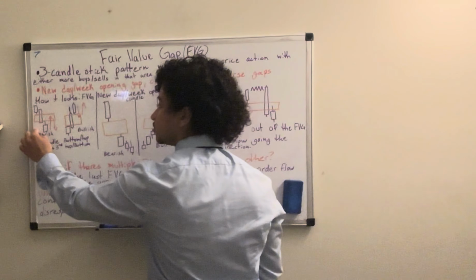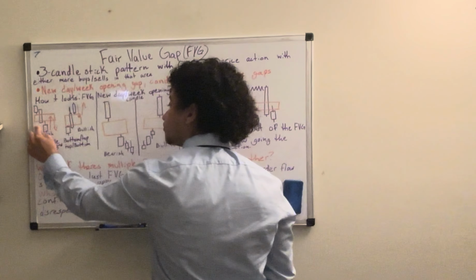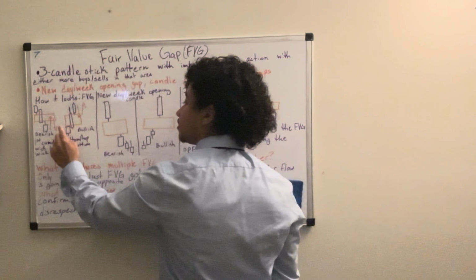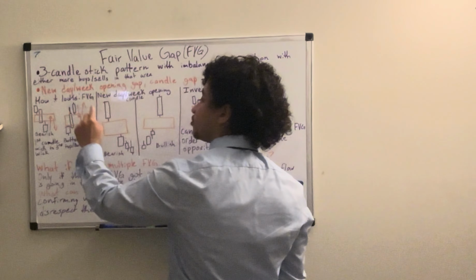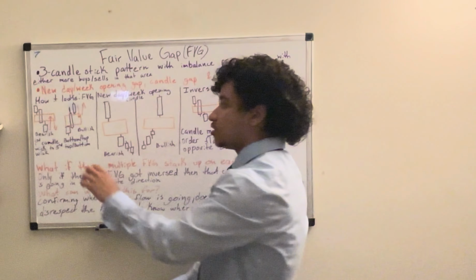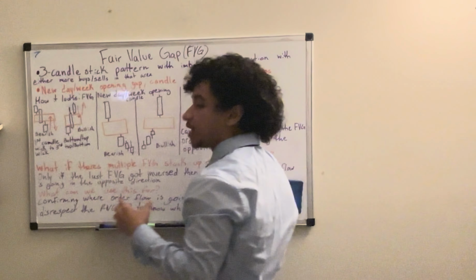That is how we understand a gap. Once there is a gap in between that area, then we have a fair value gap.